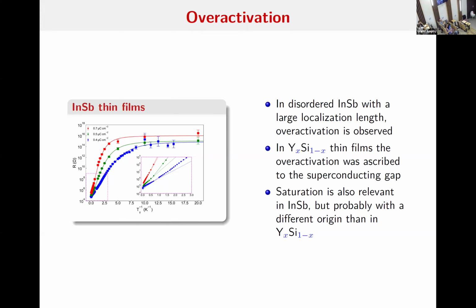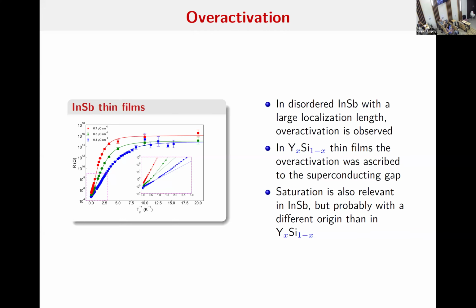Here you have saturation, but this saturation is not the same as before. Before it was external power, and they occurred at the same temperature. Here, saturation is roughly proportional to the activation energy. And there are models that explain that, but the models have to be adapted. Basically, this could occur if the energy penalty that gives activation is produced by the barriers rather than by the charging energy.